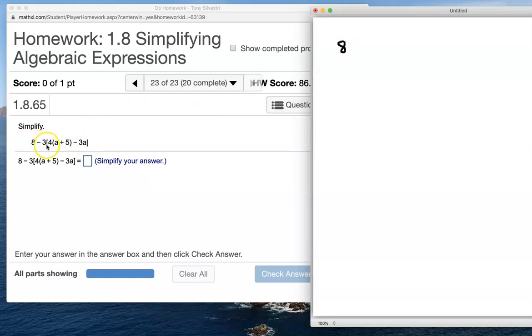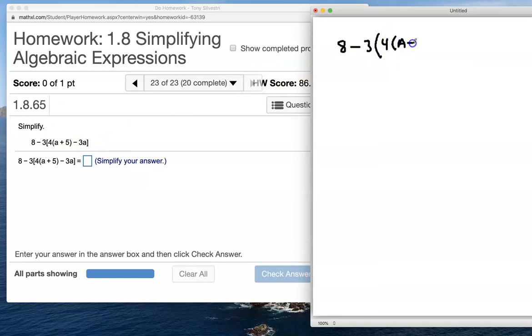We have brackets and parentheses, and there's a lot of nesting going on. So we have to go into the innermost nesting set of parentheses and work out. And I wrote parentheses here. There's no difference between writing a parenthesis or a bracket. I just get used to writing the same term over and over again.